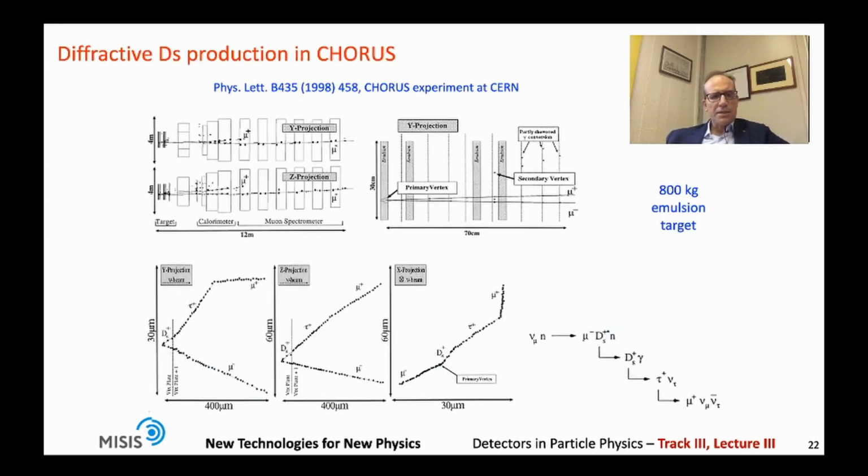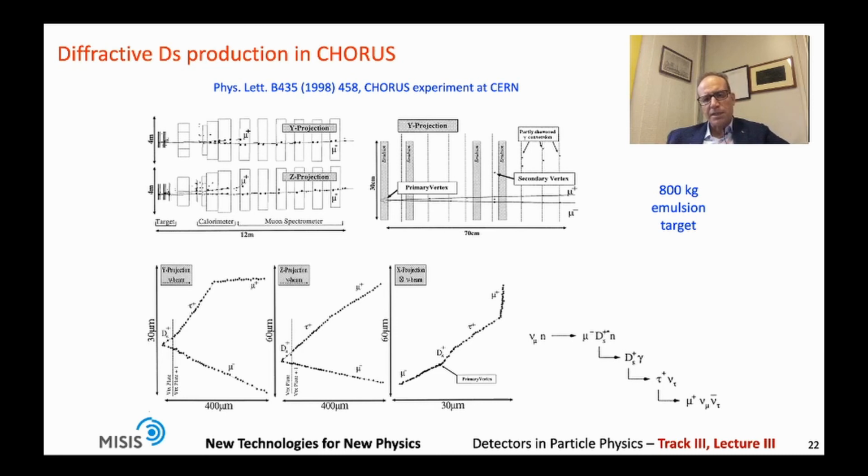Then other peculiar events were observed with nuclear emulsion technology. The CHORUS experiment at CERN in the late 90s observed the diffractive D_s* production induced by a neutrino interaction.